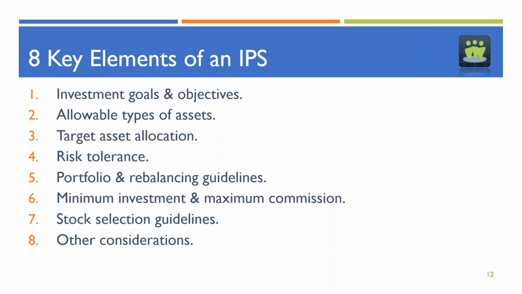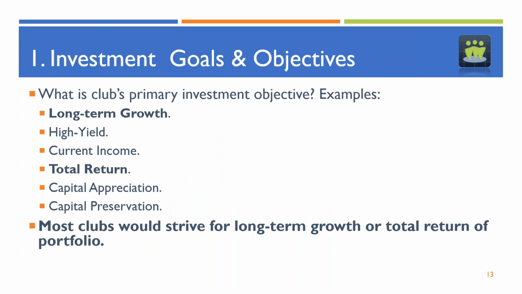Portfolio and rebalancing guidelines, minimum investments that you might make in any investment within the portfolio, maximum commissions you might pay, stock selection guidelines if you want to be specific about the types of stocks that you're looking for or what the criteria are, and then finally some other considerations that you can make.